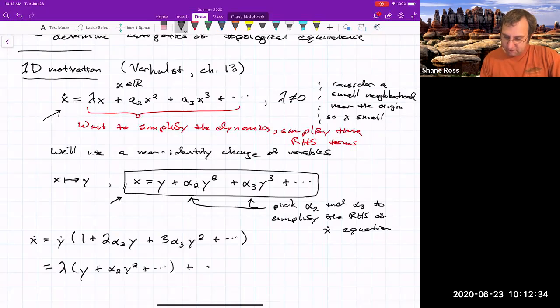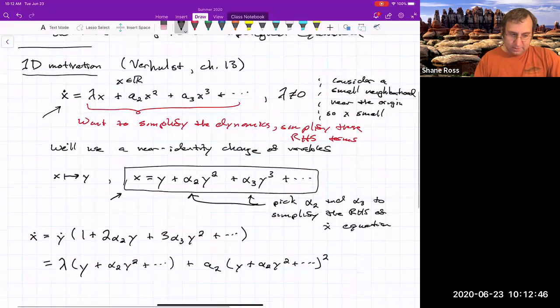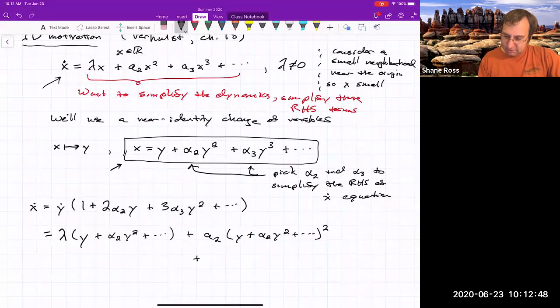That's the first term, plus a2 times x squared, which is now y plus alpha 2 y squared, and so on, squared, plus a3, and now it's x cubed. So we've got y plus alpha 2 y squared, and so on, to the cube.